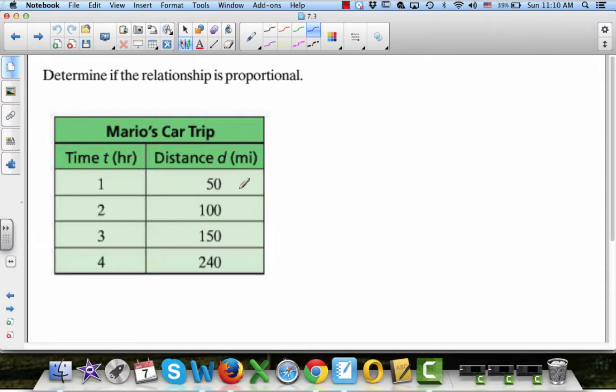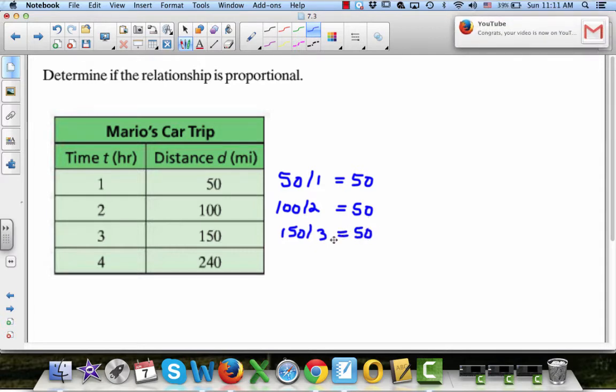All right, so we've got 50 divided by 1 gives us 50. We've got 100 divided by 2 gives us 50. So it's proportional so far. We've got 150 divided by 3, and that gives us 50.